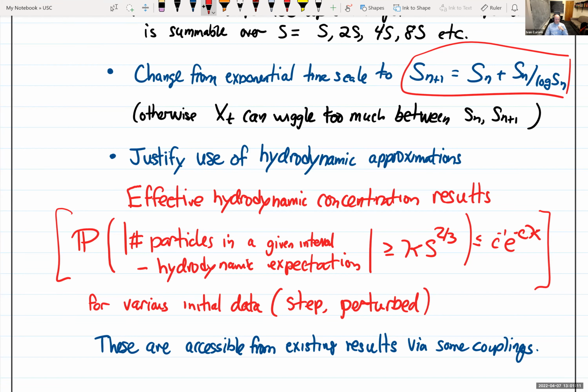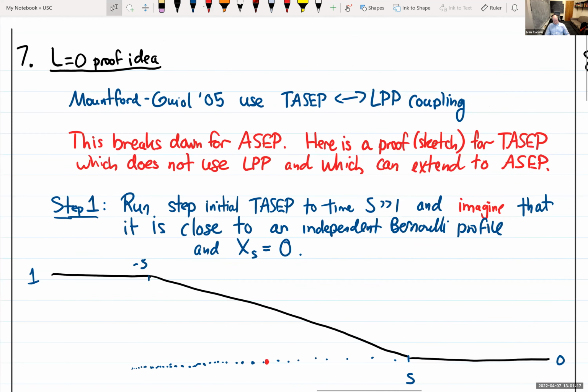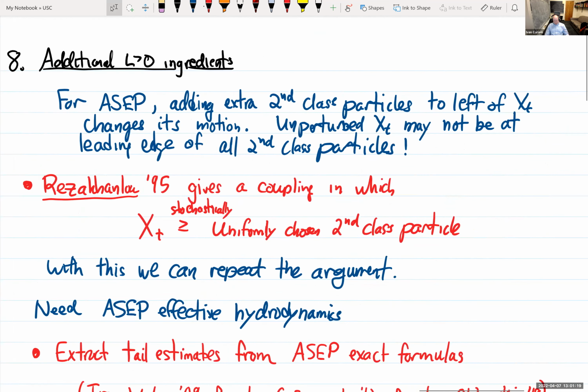So in the last, say, 2 minutes, I want to explain what happens when you take L bigger than 0. The first thing is that you throw your hands up in the air and say, crap. When I have ASEP, I did this augmentation process, right? I added a bunch of second-class particles behind the initial second-class particle.